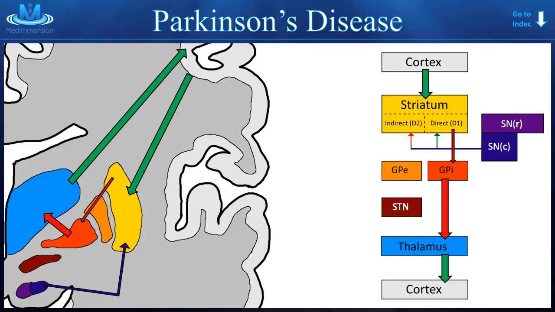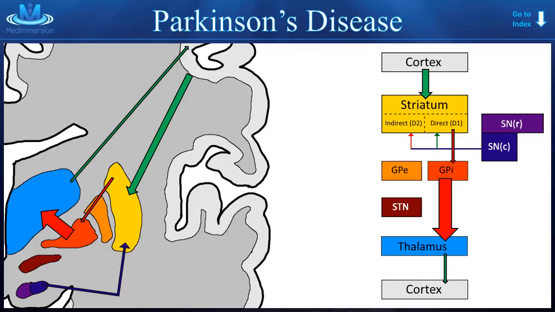So it decreases its inhibitory effect on the globus pallidus internus. Well, if the globus pallidus internus is not inhibited as much, it puts out a stronger signal, which is inhibitory, to the thalamus. That means the thalamus is receiving a large inhibitory signal, therefore its output is decreased.